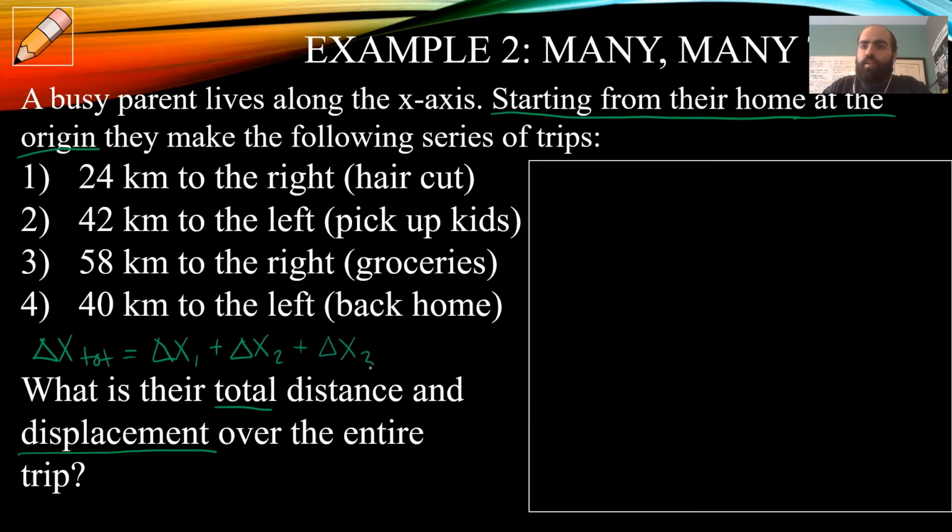If I had 3, I'm going to add up 3. If I have any more displacements, then I would just add those on as well. The dots mean that I could just keep on adding displacements. If my trip had 50 different displacements, then I would add all 50 of those things up like this.